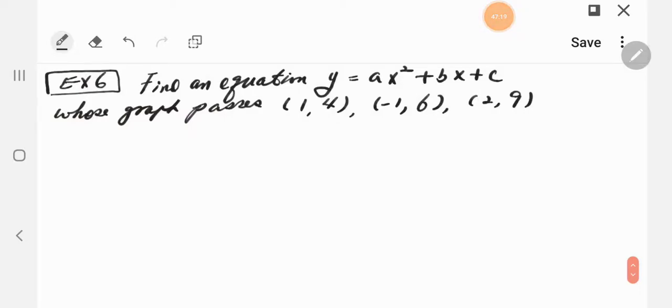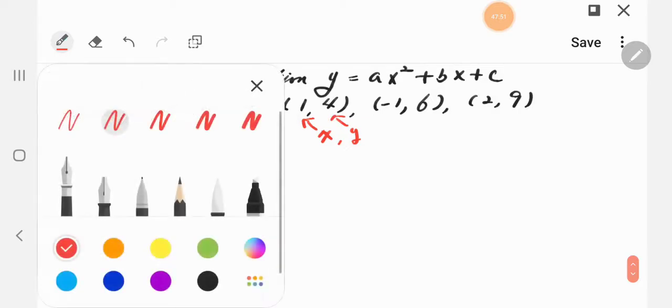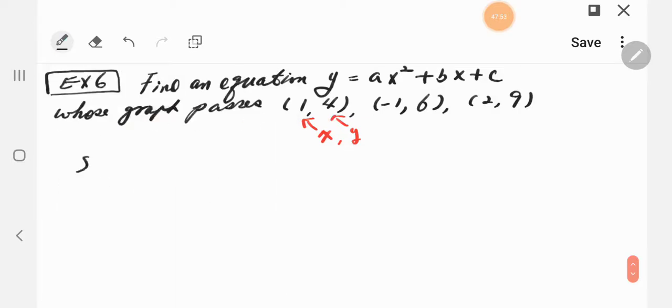Example 6. Let's find an equation in this form, y equals ax squared plus bx plus c. This is a parabola, and the graph contains 3 points. So the graph passes through these 3 points. So we will replace x and y with the x coordinate and y coordinate of the given 3 points, so that we will have 3 equations.